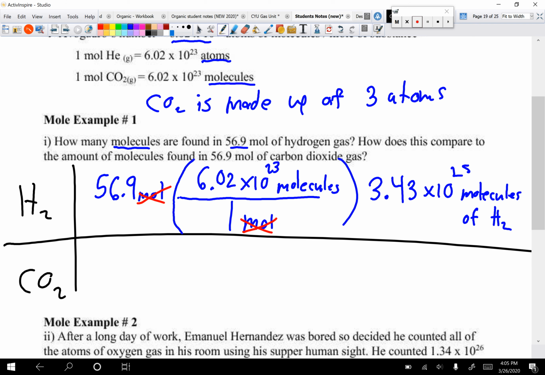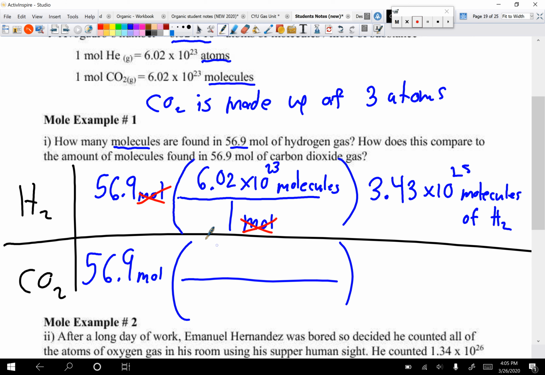Now we're going to do the exact same thing with carbon dioxide, and it should be no surprise that we are going to get the exact same answer, just because this is what Avogadro's number said. So we know, same thing, there's 6.02 times 10 to the 23 molecules in every 1 mole. So just like before, our unit of moles cancels out.